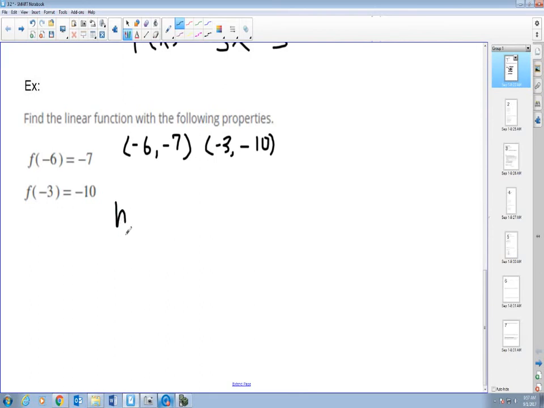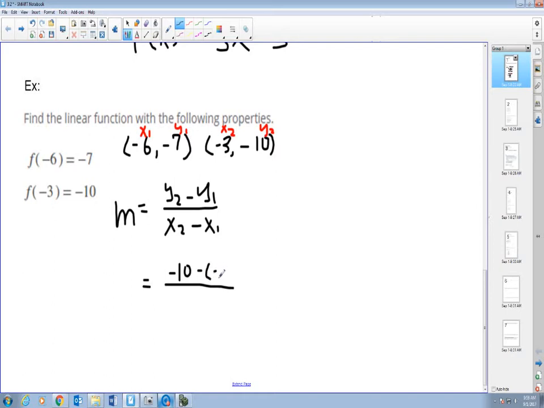So let's find the slope. As you can recall, the slope formula is (y2 - y1) over (x2 - x1). It does not really matter which is x1, y1, x2, y2. We just label one of them as x1, y1. So I'm just going to do the first one as x1, y1 and the second point as x2, y2. Alright, I'm going to put it into my formula. y2 is -10 minus, be careful, y1, what's y1? -7.